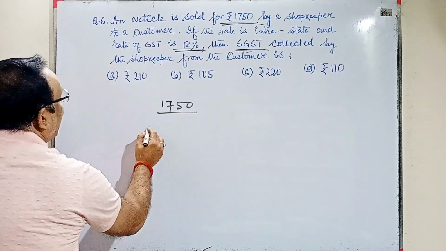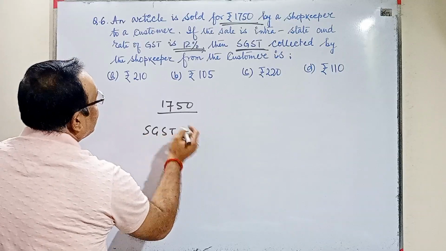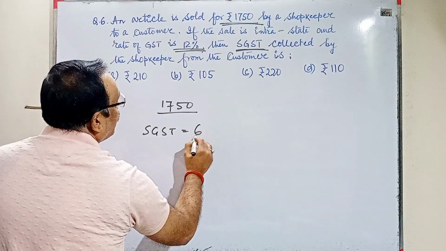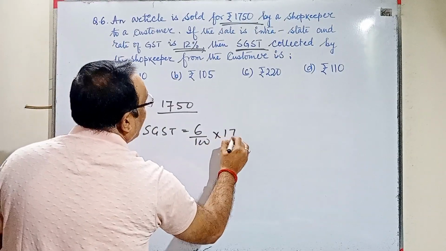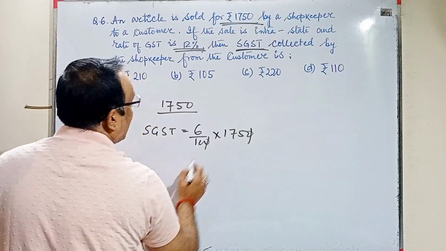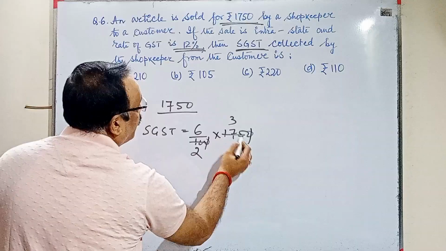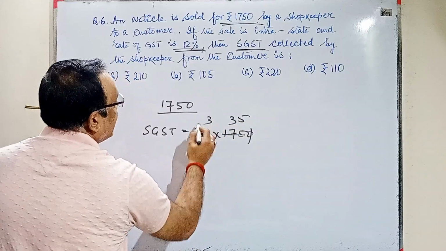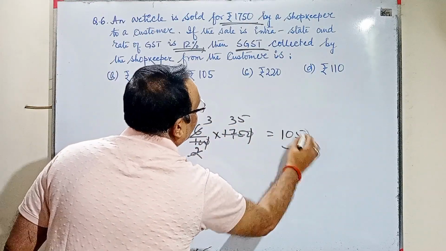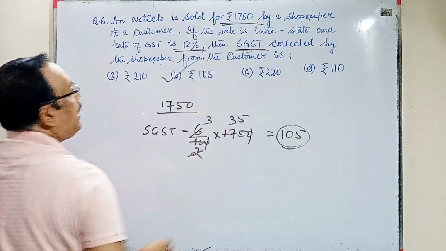So SGST charged will be 6% of this amount. So it will be 6 by 100 of 1750. So this 0 cancels. With 5, if I cancel, 5 twos are 10, 5 threes are 15, 2 fives 25, 5 fives 25, 2 and 3 cancel, 3 into 35, 105. So 105 means B is the choice.